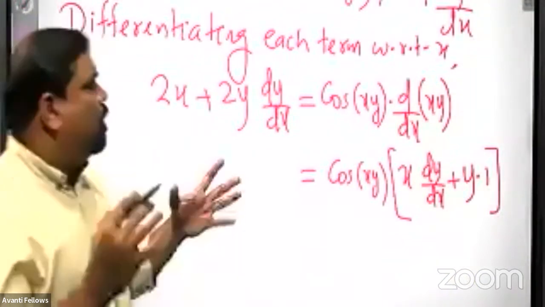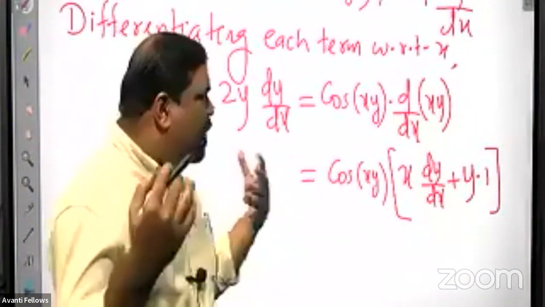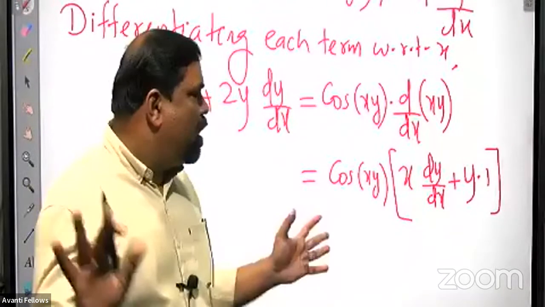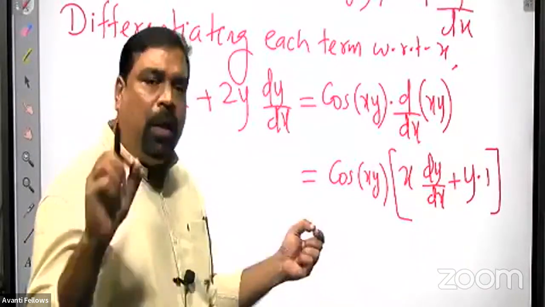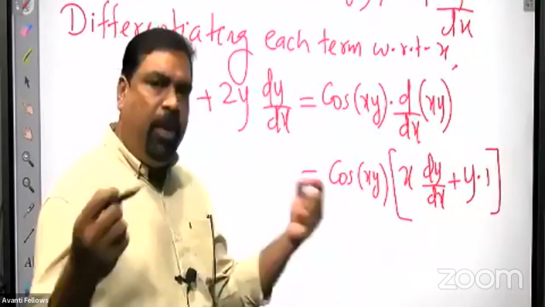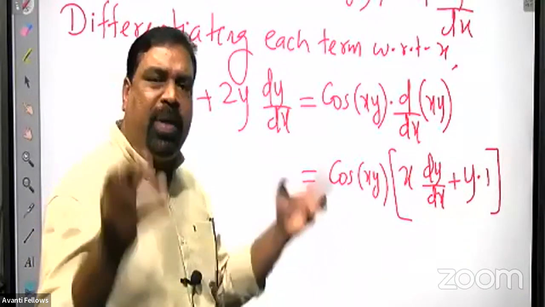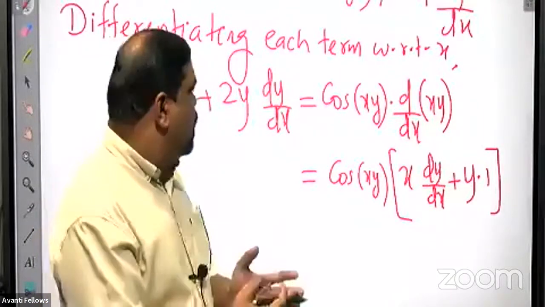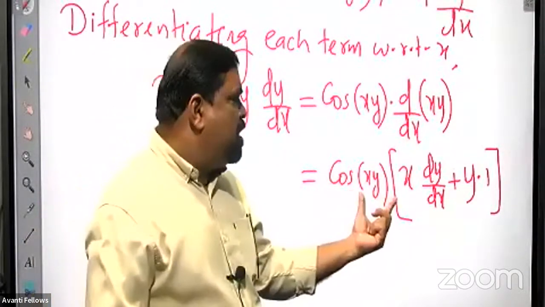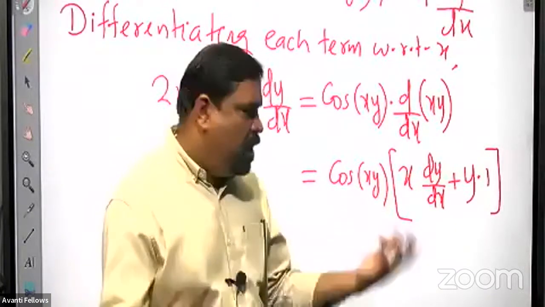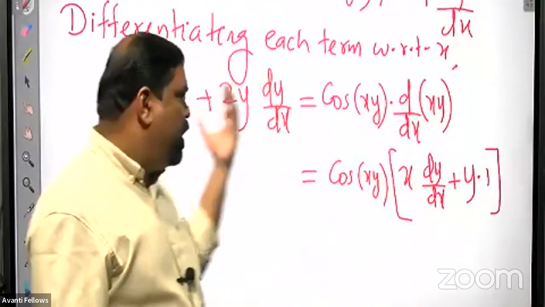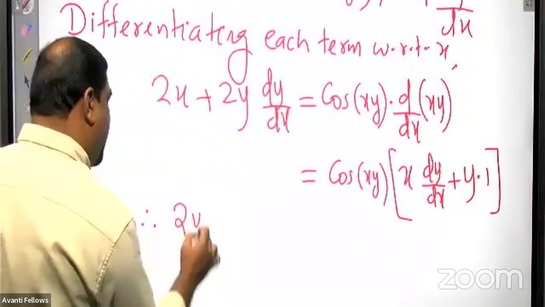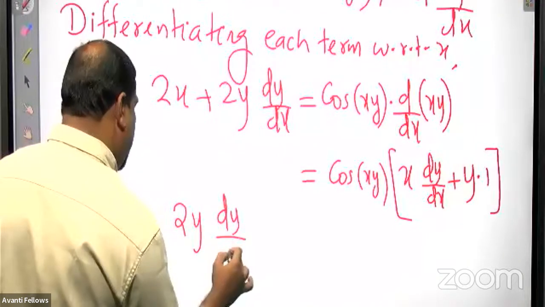Now the differentiation part is over. We have differentiated wherever required. The next task is to find dy by dx. For that, we collect the dy by dx terms together on one side. On the right side there is a bracket; remove it first, then take the dy by dx terms to the left side. Already we have 2y dy by dx on the left, so write it as it is.